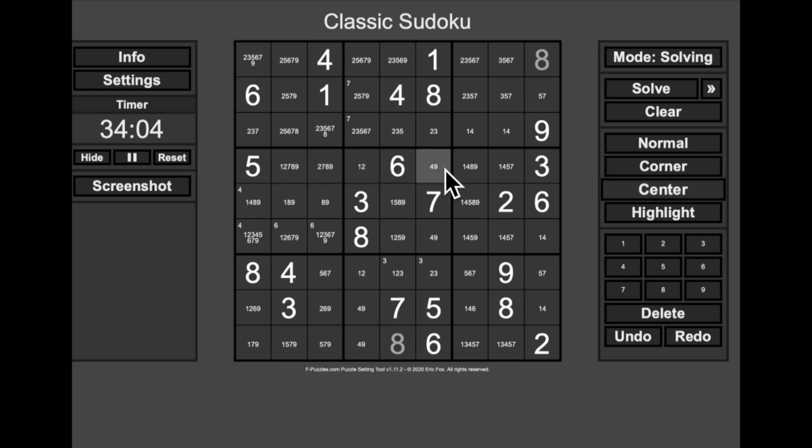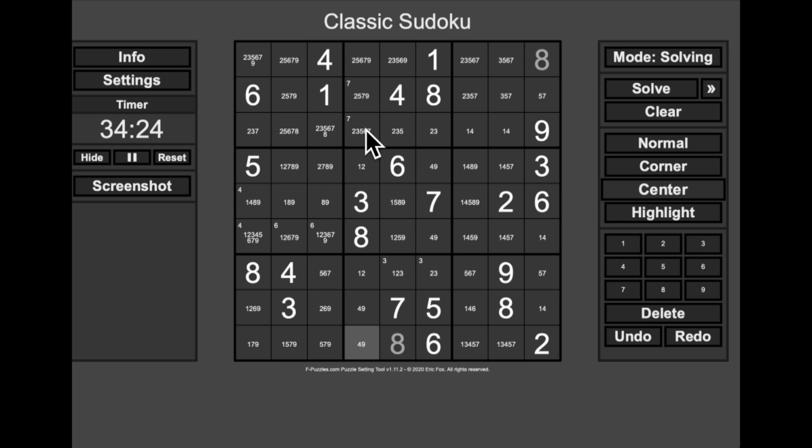These five are 1, 2, 4, 7, 8, 9. This only eliminates 4. This eliminates 1 and 4. 2, 7, 8, 9 are still possible. These are 1, 2 pair. These are a 4, 9 pair.